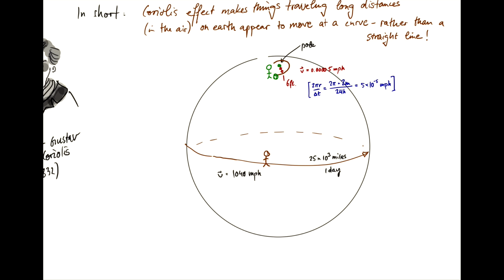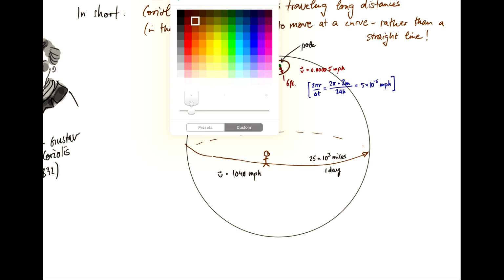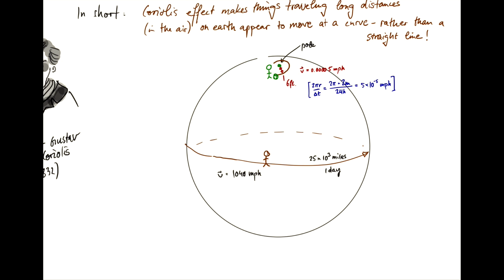So in this point, for an external observer, what we see is if player 1 shoots, he'll shoot the ball in a straight line south. But since player number 2 here travels so much faster, by the time the ball has reached the equator, player 2 will have traveled a significant distance to the east here.